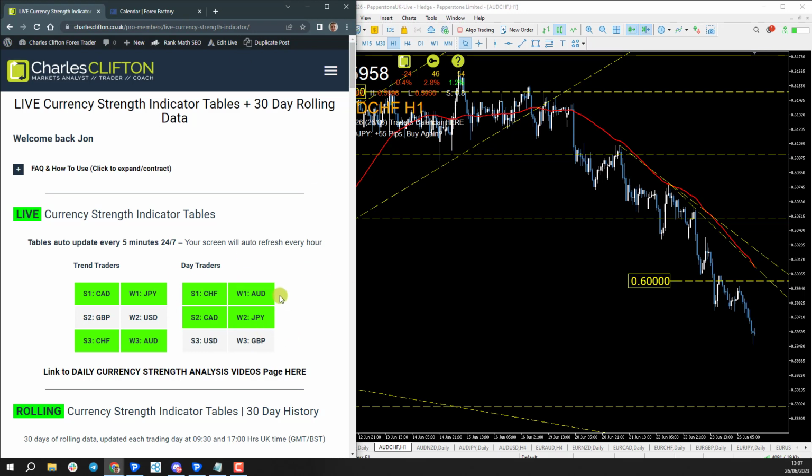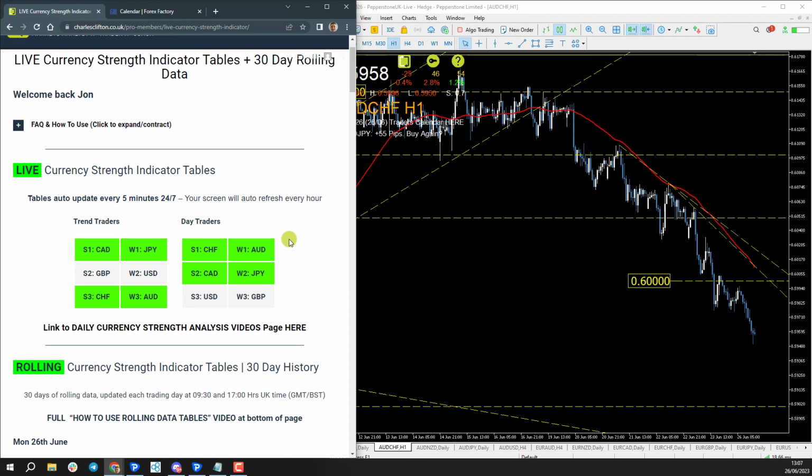The only caveat on that at the moment is the Bank of Japan could potentially intervene, especially if dollar yen heads up to around about the 145 level.